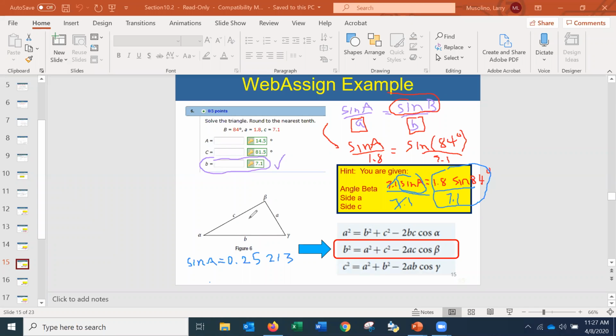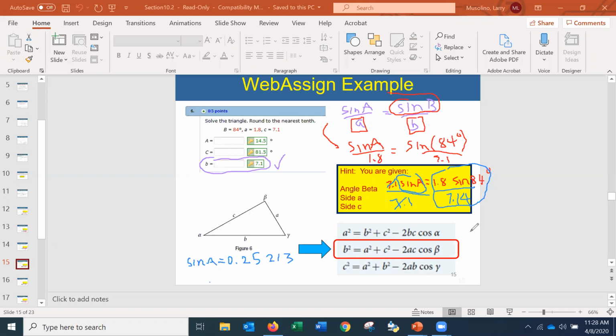Yeah, folks, one thing I'm noticing is that when I set up this fraction, it would be good for me to use, instead of the rounded answer 7.1, I'm going to enter 7.14 to be a little more precise in my calculation.